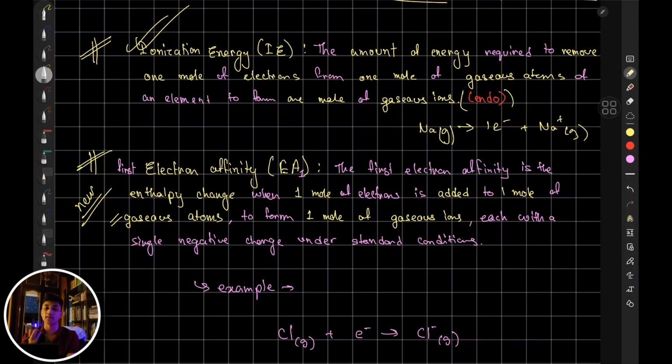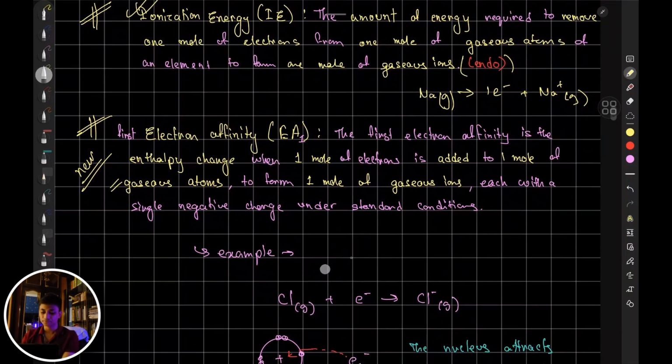So if you want to add an electron to chlorine, you have to turn it into a gaseous atom, which is Cl gas. Other than doing that, you cannot add the electron to the diatomic molecule of chlorine. So you have to atomize it. After you have atomized it, you can add the electron and form the chloride ion.